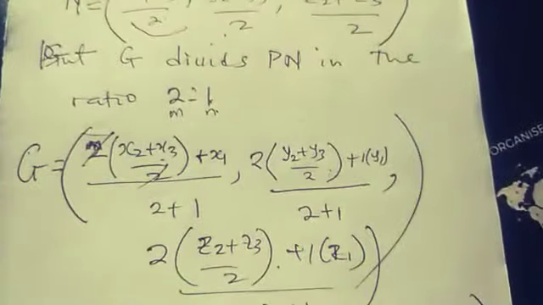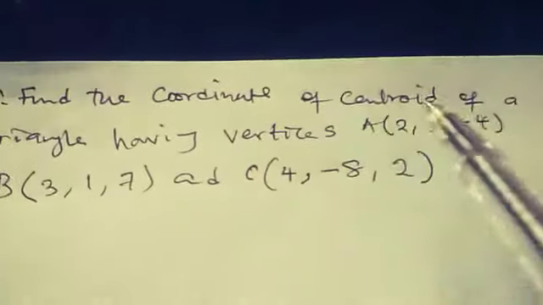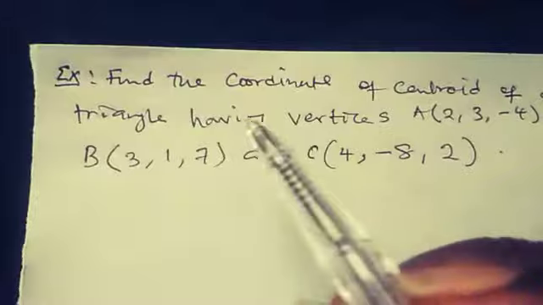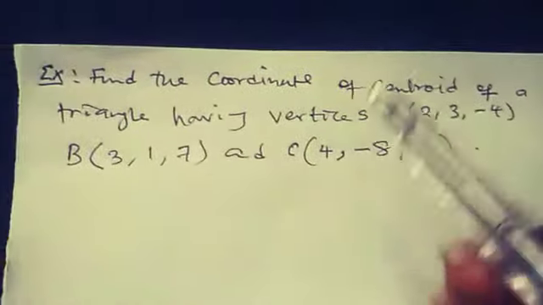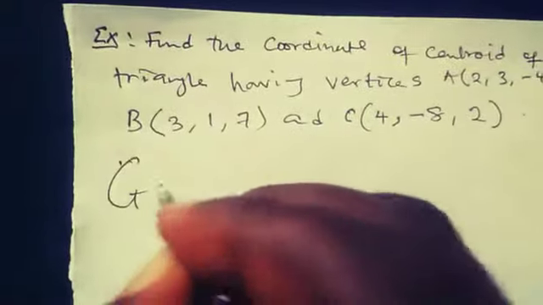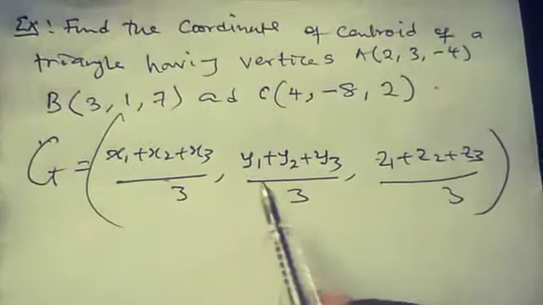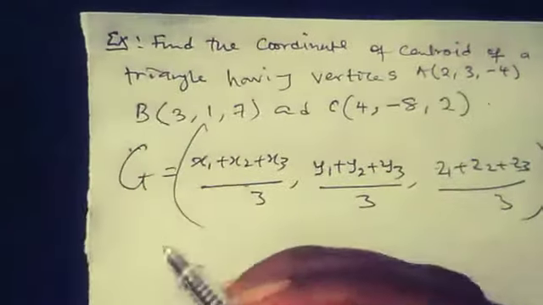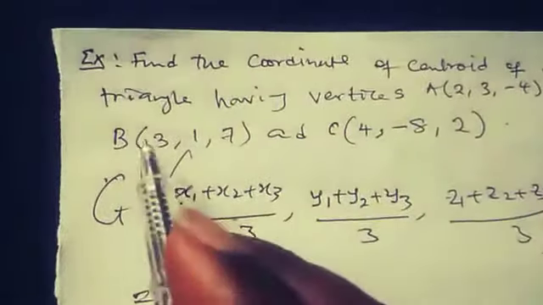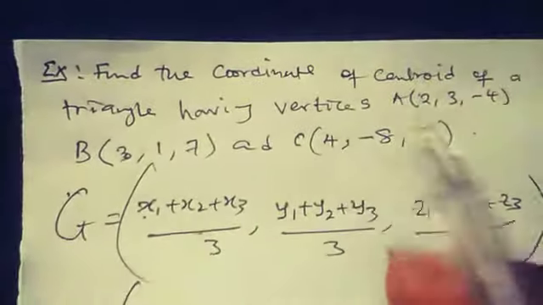So let's take an example on this. Find the coordinate of the centroid of a triangle having these vertices. Now it's very easy with what we have said. So the centroid will be the point G. We know that this is the formula. And you have known your x1, x2, x3.